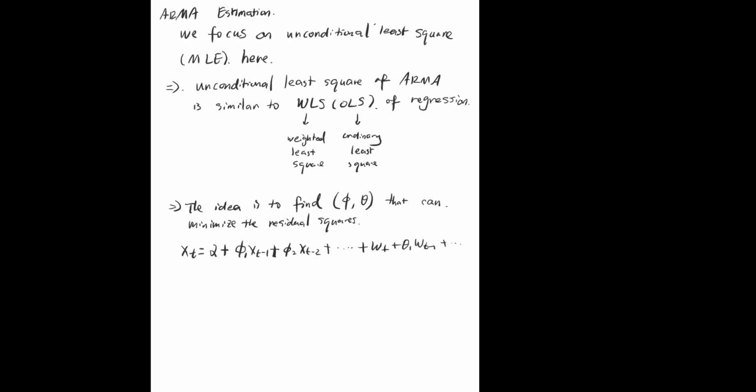That is our model, and let's assume this w_t is a white noise, with some weight h_t. In the OLS, this weight is just equal to 1, but in the weighted least square, you can give some weights to this white noise.